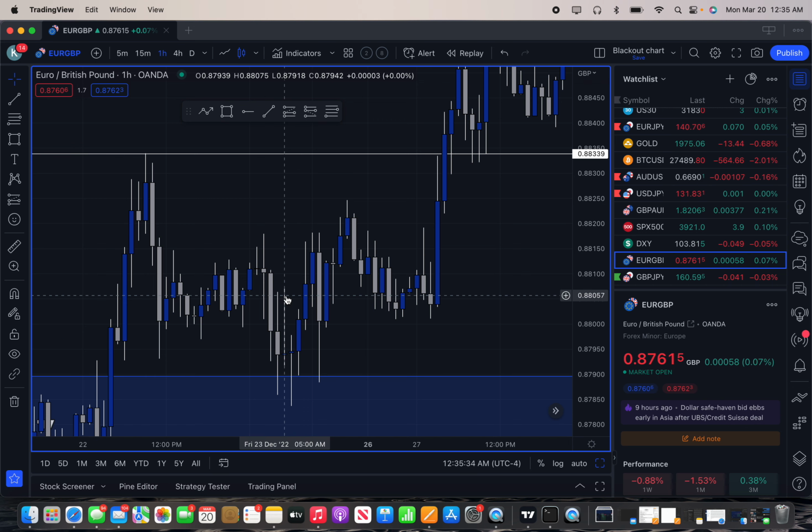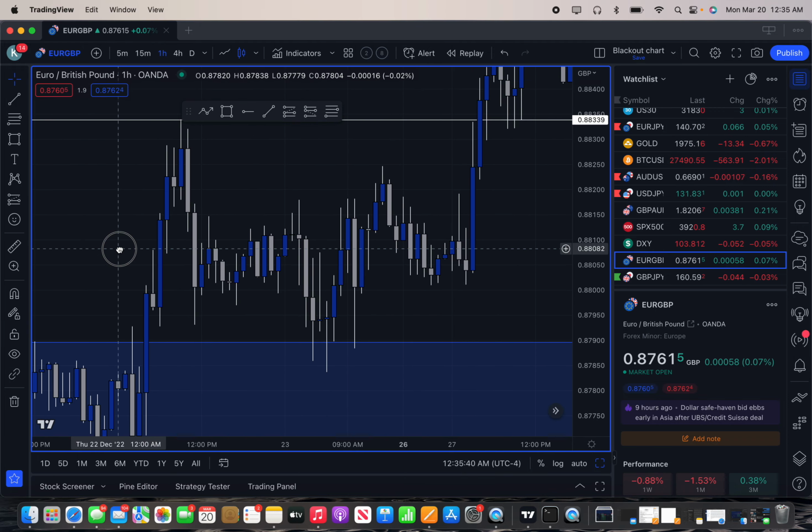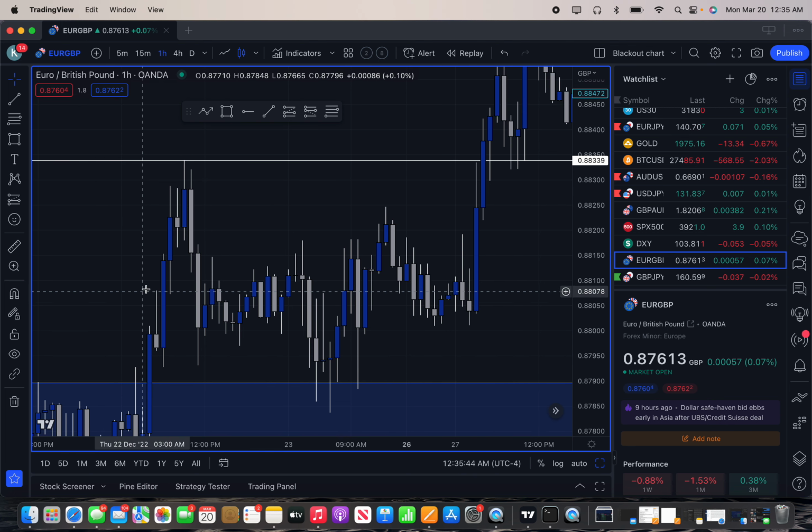So when we come here, we're looking at structure, and we're seeing that structure on the 15-minute. So pushed, pulled back here, pushed, pulled down, boom, pulled down, boom. I really don't like the structure here. It's a little bit too messy and too wild.